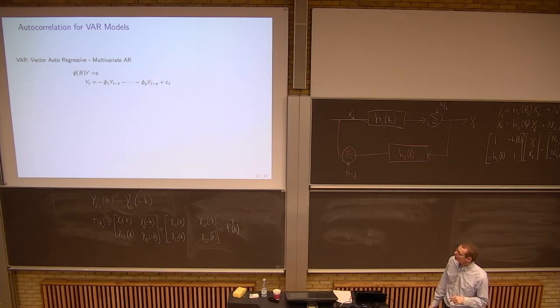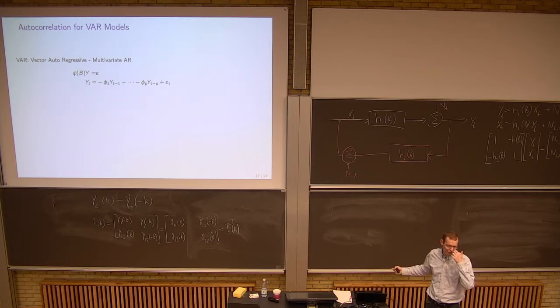Now, to give one such example, the multivariate AR model is often named a vector AR model, or actually generally all these multivariate ARMA models are sometimes referred to as vector ARMA models. So using a V there instead of an M for multivariate.